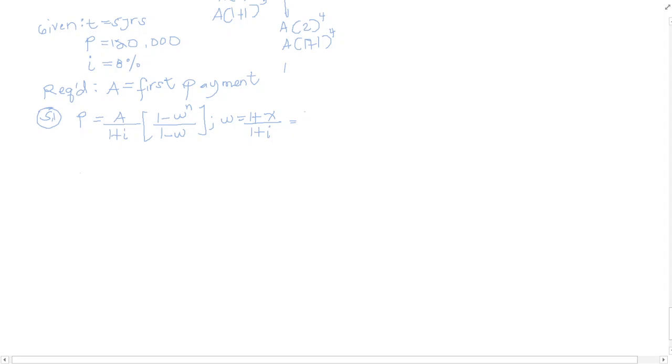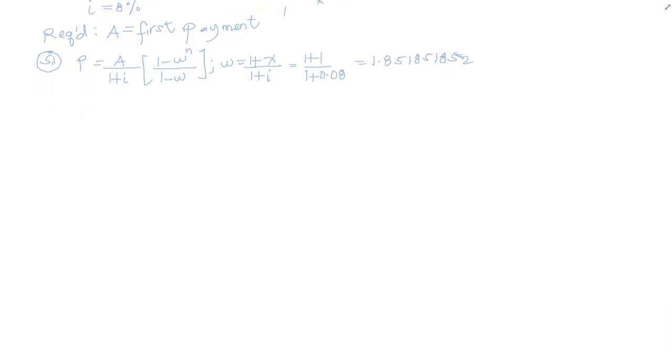Substituting the value, since x here is 1, that is 1 plus 1 divided by 1 plus 0.08. So the value of your W, you can store that one, is 1.851851852.